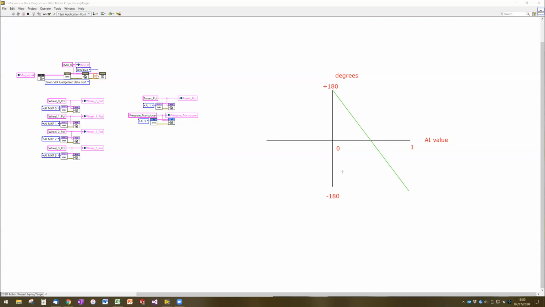Okay, so I guess I should say in this particular case, this technically works in the sense that as you go from 0, you start out at 180, and as you get all the way to 1, you go to negative 180. And then the sensor wraps around and you're back at 0, and so you're back at positive 180. So this would work if you set 0 to be 180 degrees.